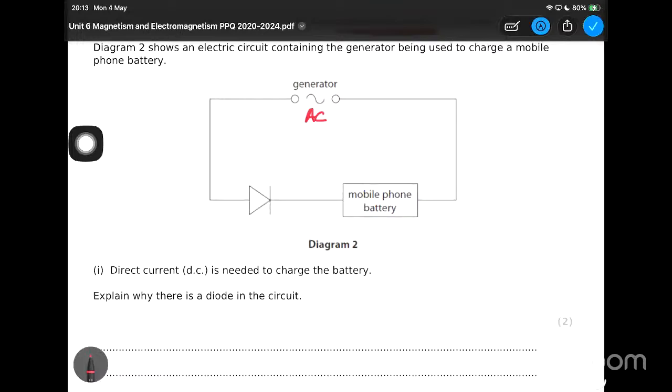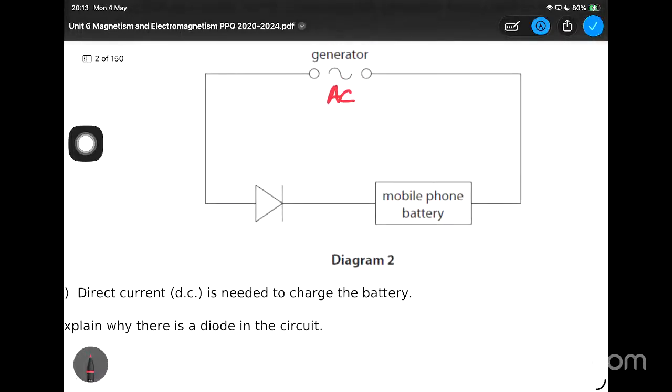If we are using this sort of equipment, what is the main function of a diode, right? Now you need to revise the knowledge in the electricity unit as well. If we apply a diode in this direction, it means the current will only move in this direction, right?